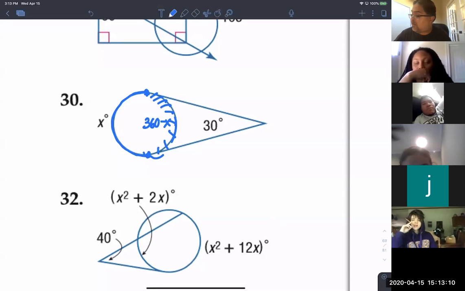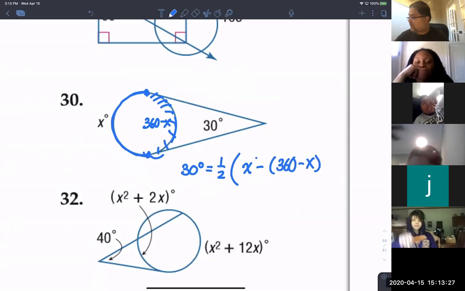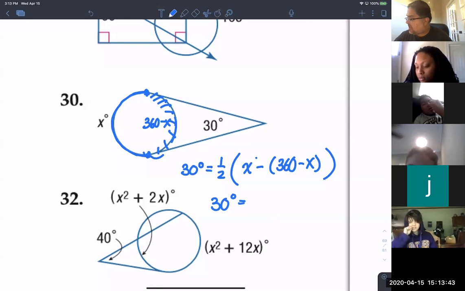So we plug it into our formula. Okay. The outside angle equals 1/2 times the big angle, which is x, minus the small angle. Then you first start off by distributing the negative.